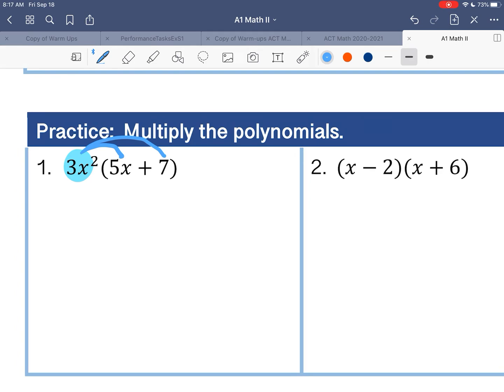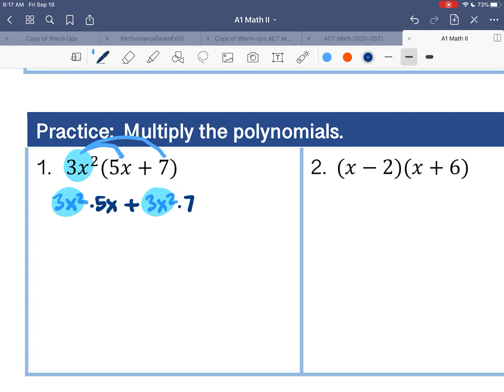The reason I put this example on here, though, is because we have high powers of x happening, and I want to make sure that we know how to deal with those. So 3x squared times 5x plus 3x squared times 7. Notice that I'm distributing this 3x squared in to multiply with both of those things.